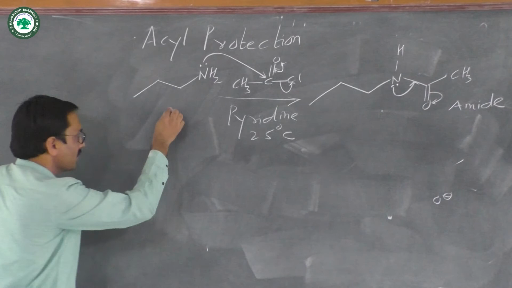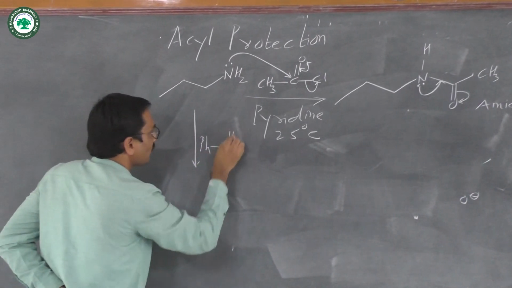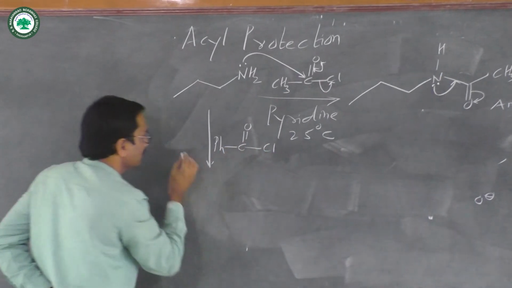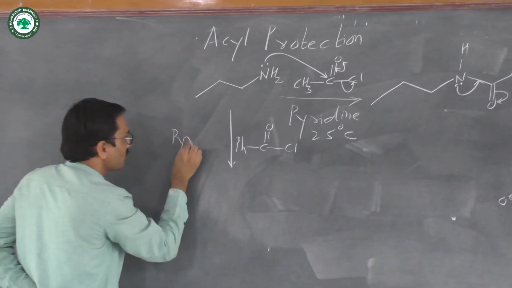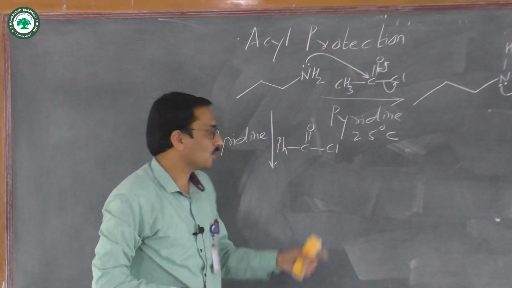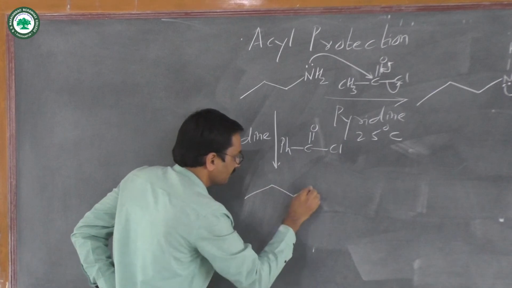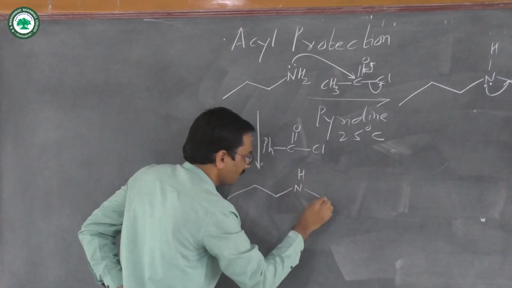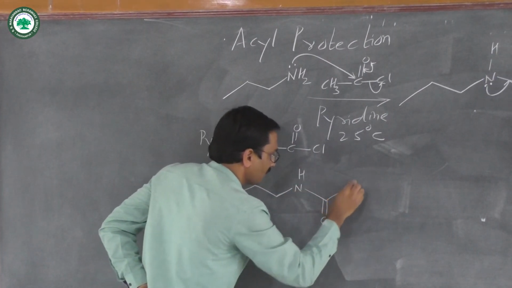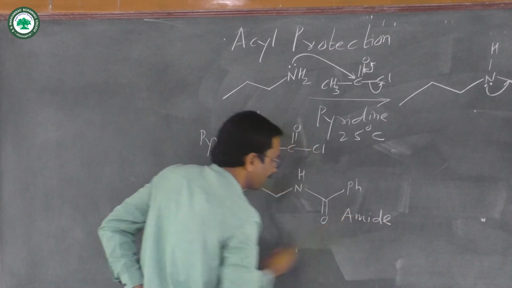Here we can use benzoyl chloride for the protection of NH2. There is also formation of an amide.